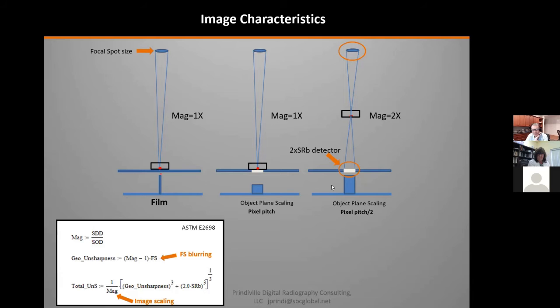But let's not do that. Let's take this, and here's our pixel size. Now, let's magnify our image and move it away. Well, what happens as we move it away? We're going to get more source blurring. Here it is. It's across the white area here, say. That's our source blurring right here, this triangle. So our source blurring's wide, but it's still only falling in 1 pixel. So it hasn't really changed.